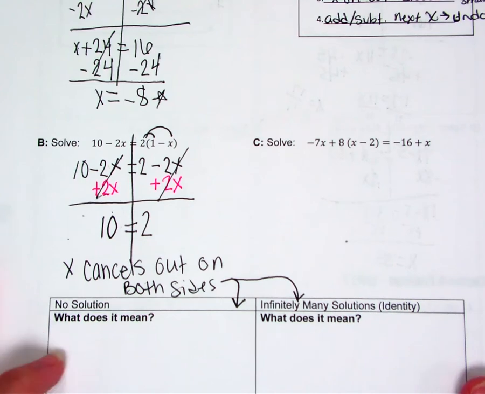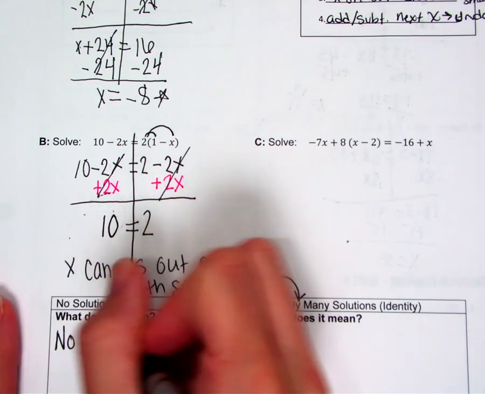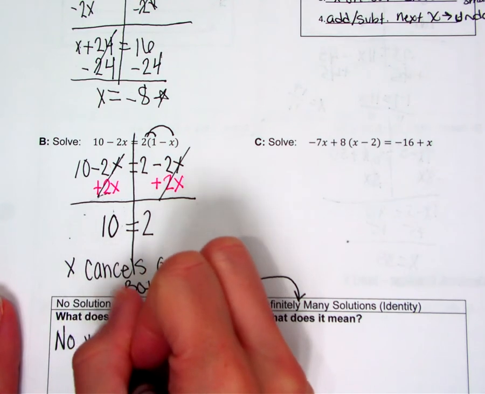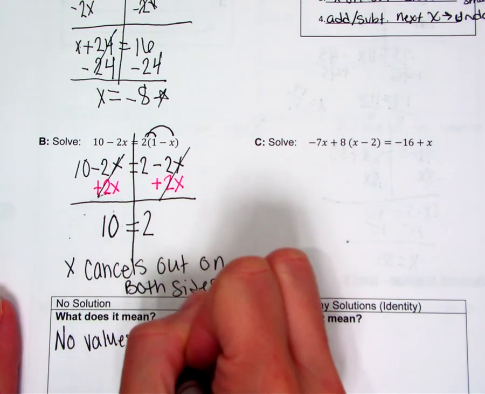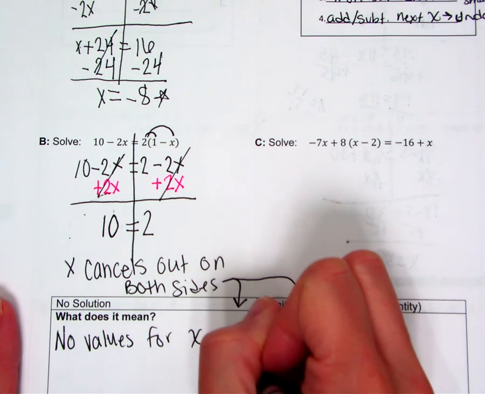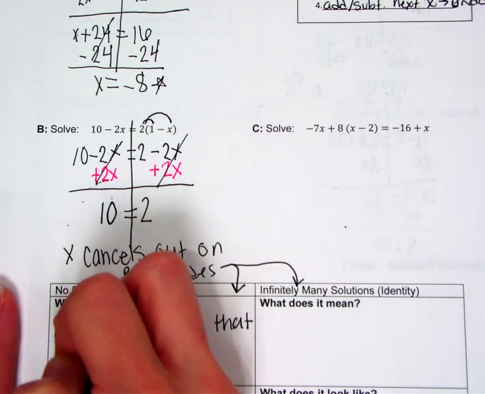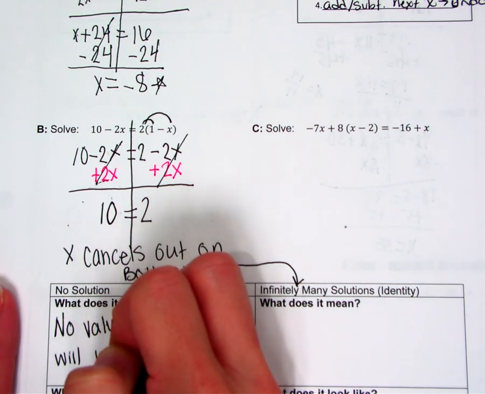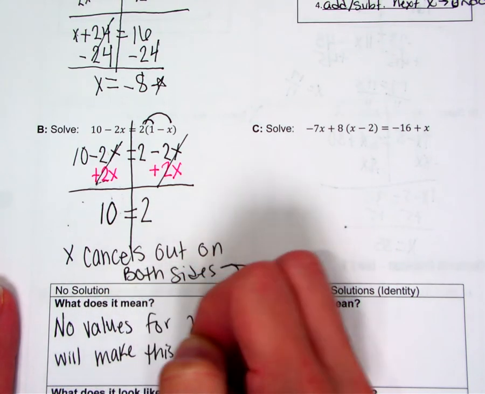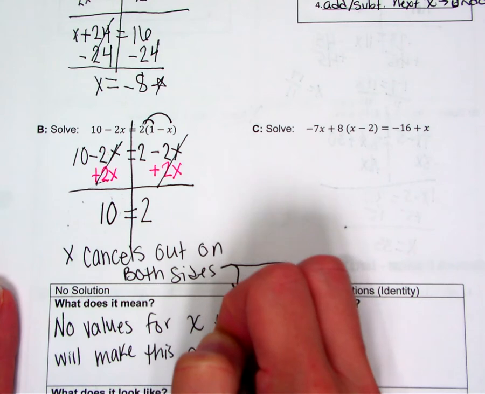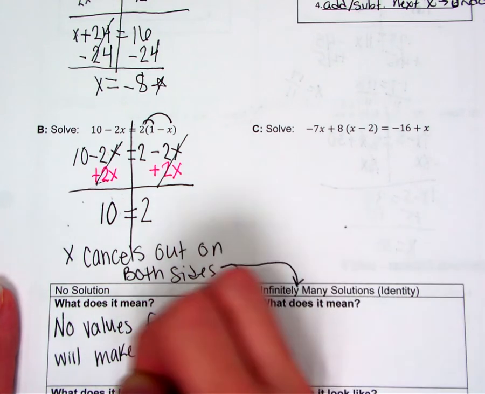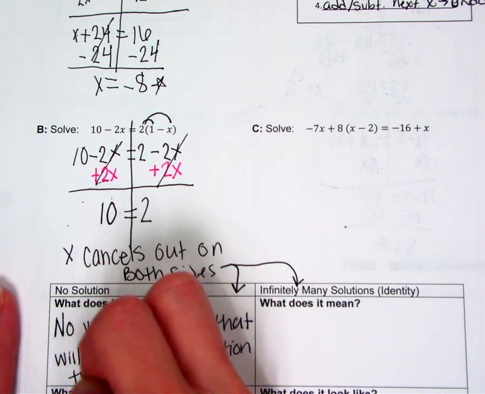What does that even mean? Okay, well, a no solution means there are no values for x that will make this equation true.